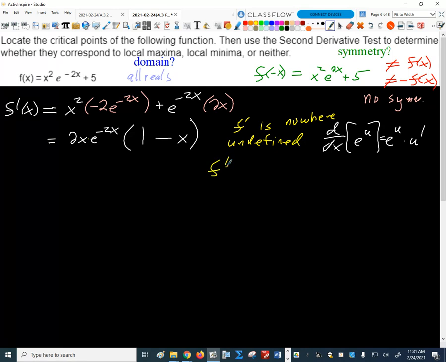Okay, Daisy, where does our derivative equal 0? At 1. At 1? Anyplace else? Not sure. How about that factor right there?